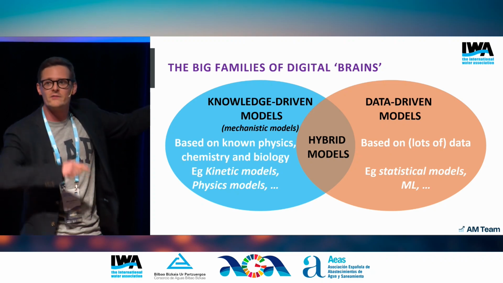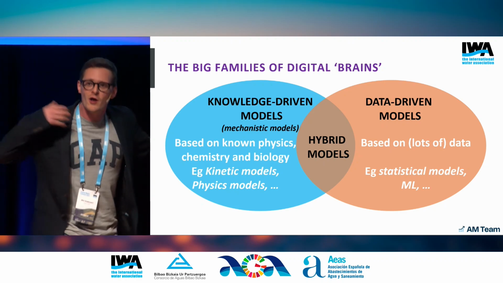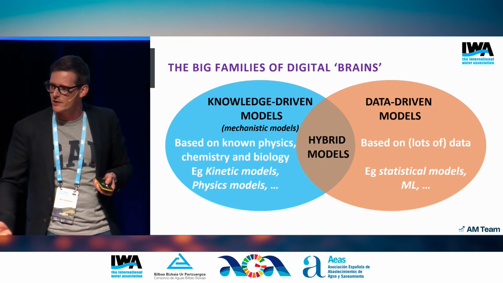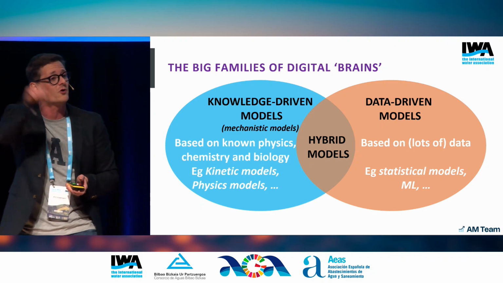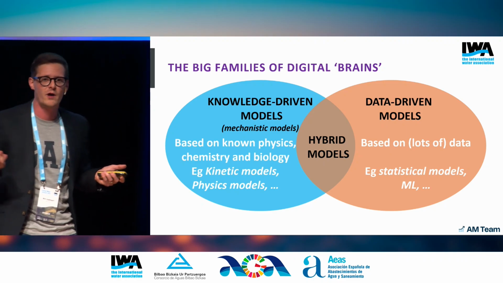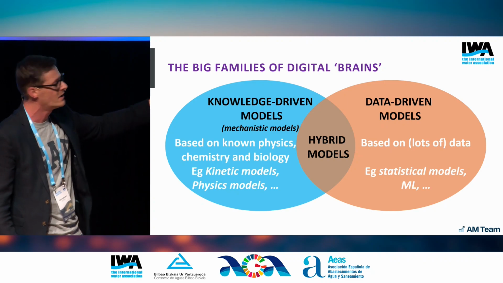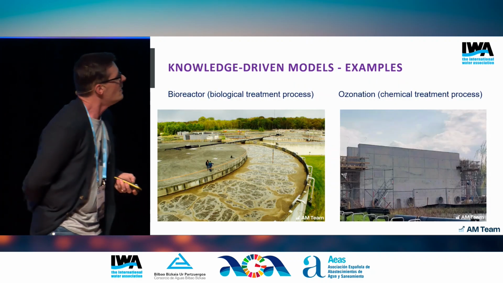And on the other end of the spectrum, you have the data-driven models, which are based on a huge amount of data, and you start training algorithms. It shouldn't be AI all the time. It can be statistical models, can be a simple correlation, but it's black box. Okay, so you train a model based on data. And in between, you have hybrid models, which have a huge potential. I will come back to the potential.